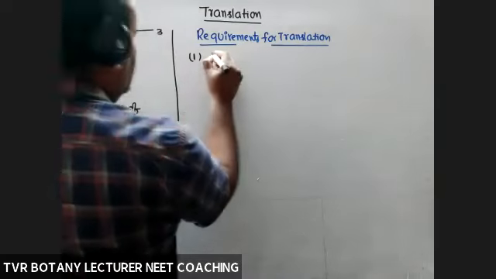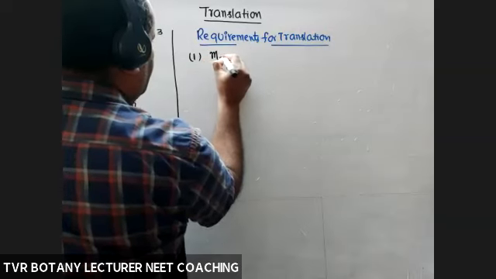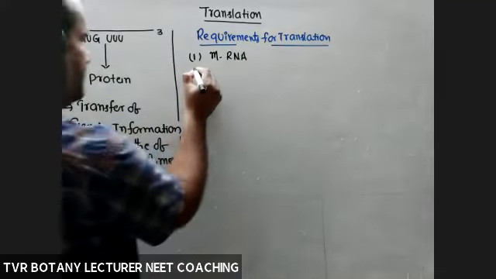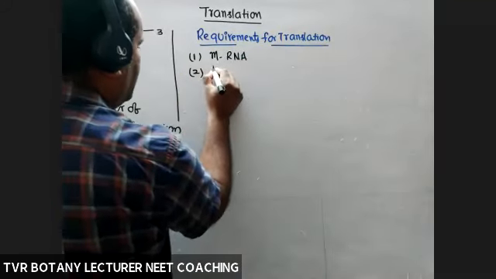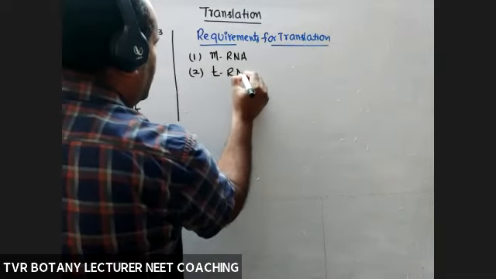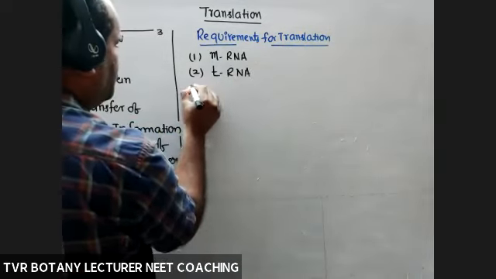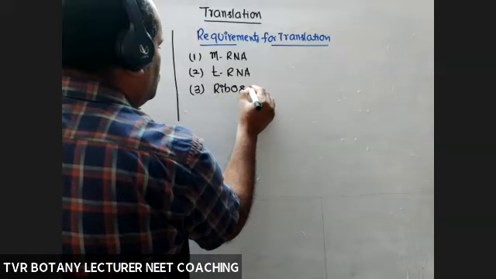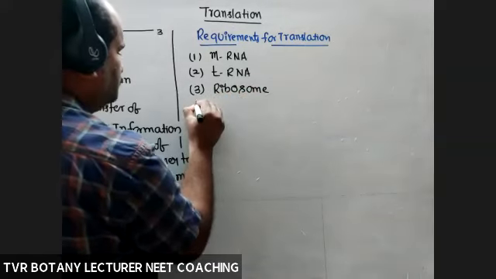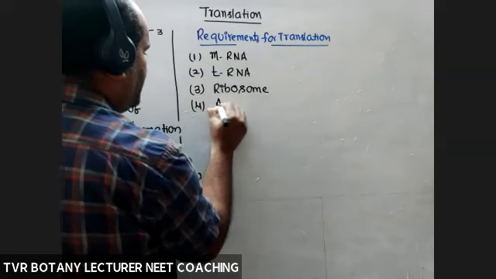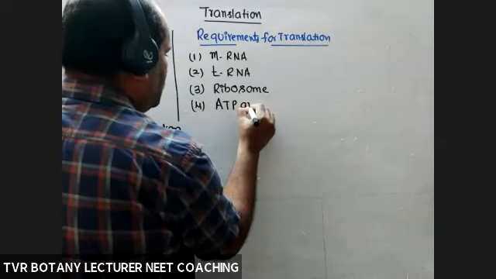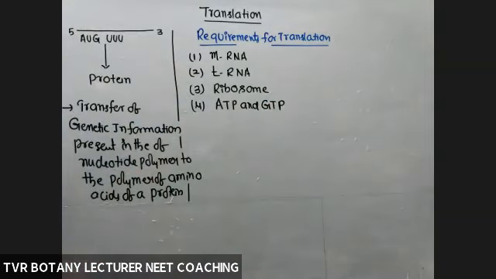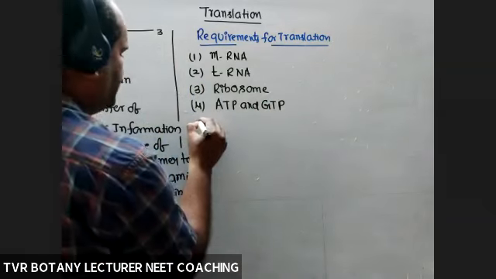So first, mRNA is required. First of all, we should know what the requirements are: mRNA, tRNA molecule, ribosomes, ATP and GTP molecules. We'll see the role of all these after completion of the list of requirements.